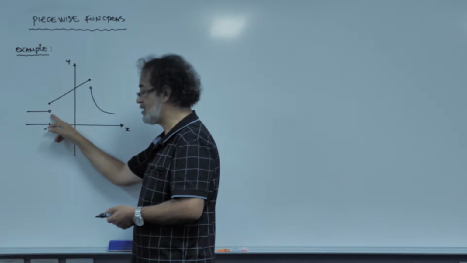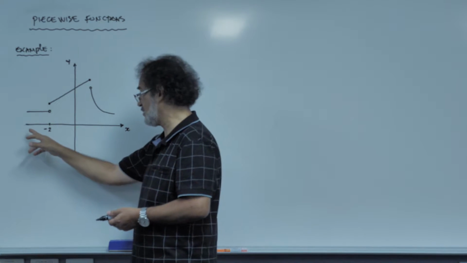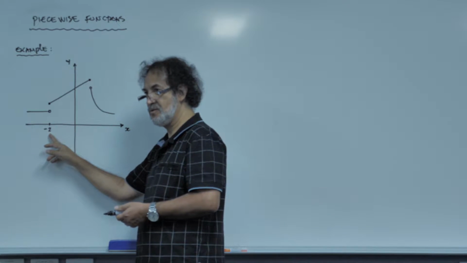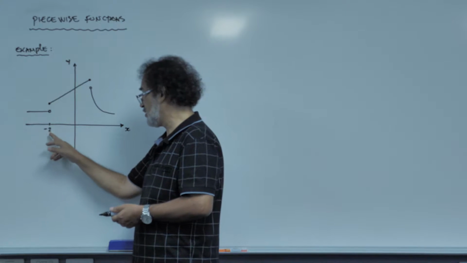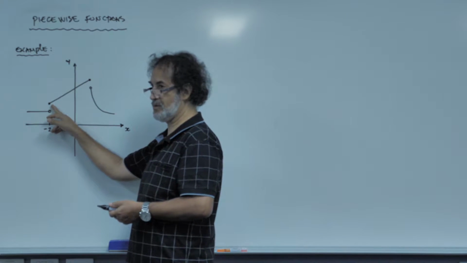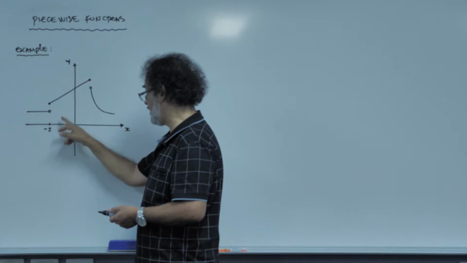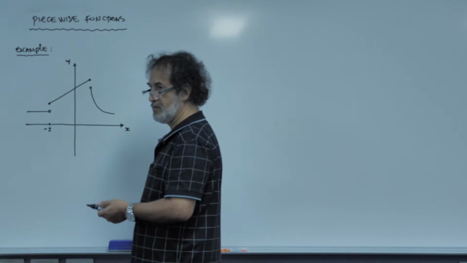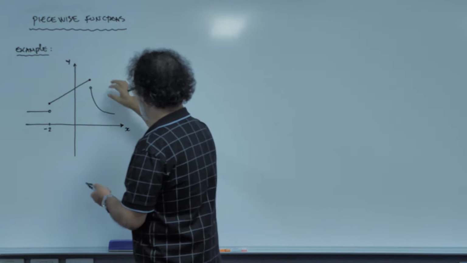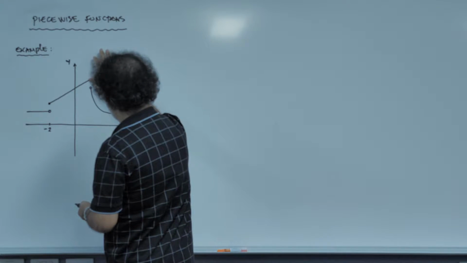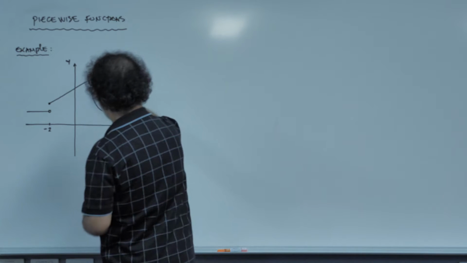This open circle, you know what that means? I guess that means that we are not including -2 for this function, but we include -2 in that one. So this function will take over from -2 to that point, including that point if you want, or we can do it the other way around. Doesn't matter.